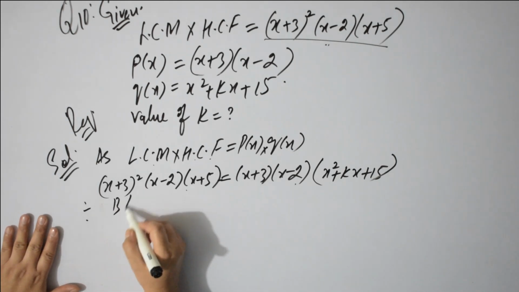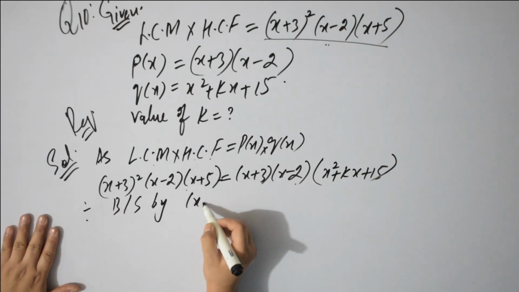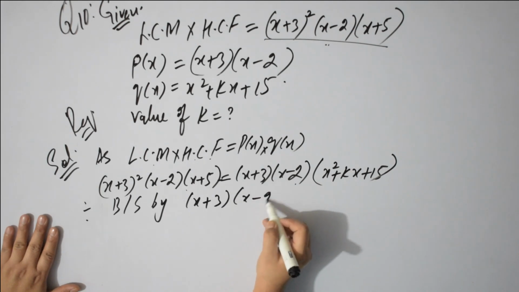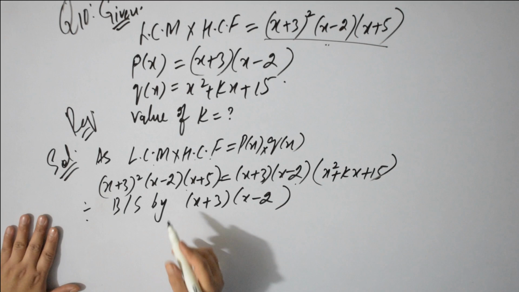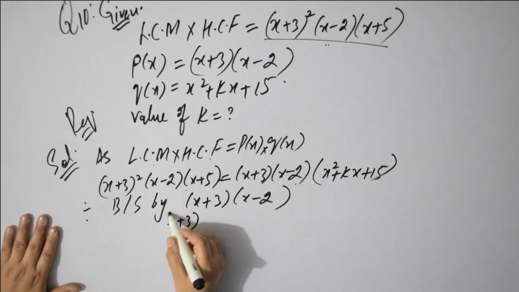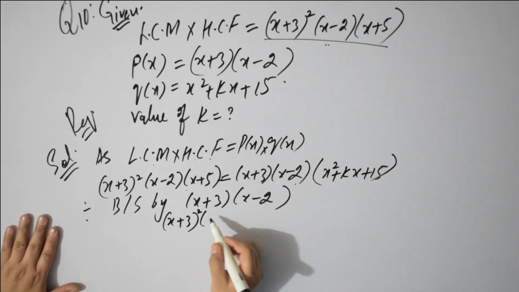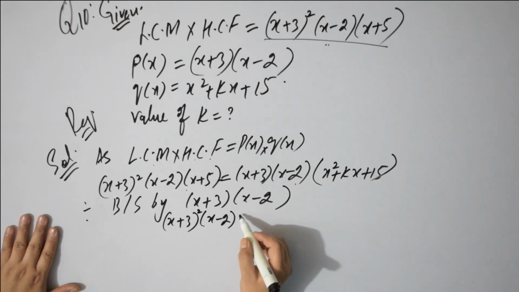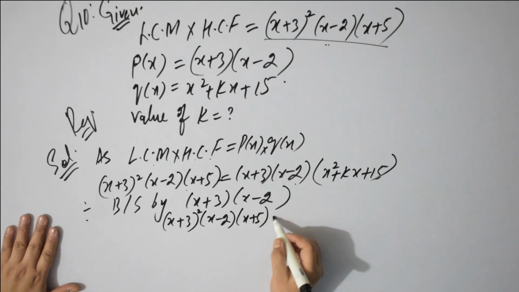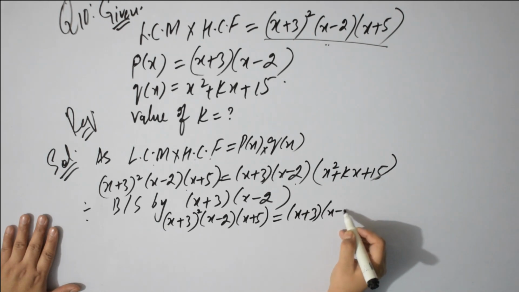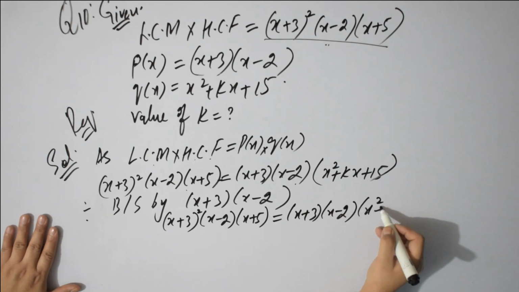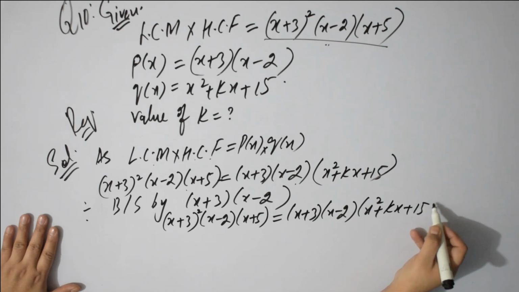After dividing, x plus 3 whole square, x minus 2, x plus 5 is equal to x plus 3, x minus 2, x square plus kx plus 15.